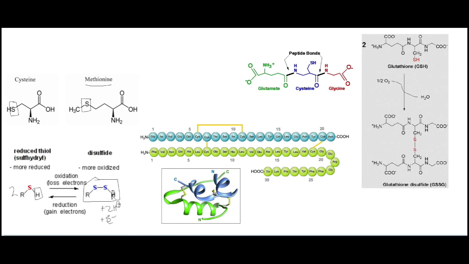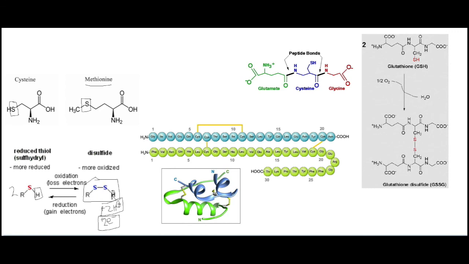And so that should have a 2 here. So we oxidized. Oxidation is loss of electrons, so we've lost these 2 electrons, and we've also lost two of the hydrogens. And so that's how we've oxidized this to form this disulfide bond.